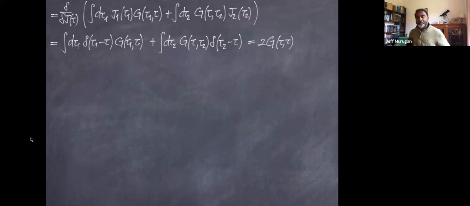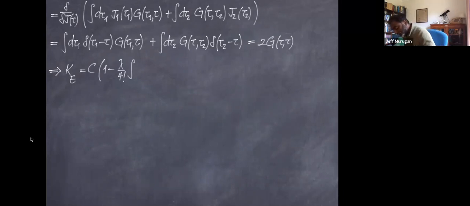Okay. So you continue with this, and you'll find that K Euclidean is just some overall constant times 1 minus lambda over 4 factorial times the integral with respect to tau of 4 factorial times g of tau squared.